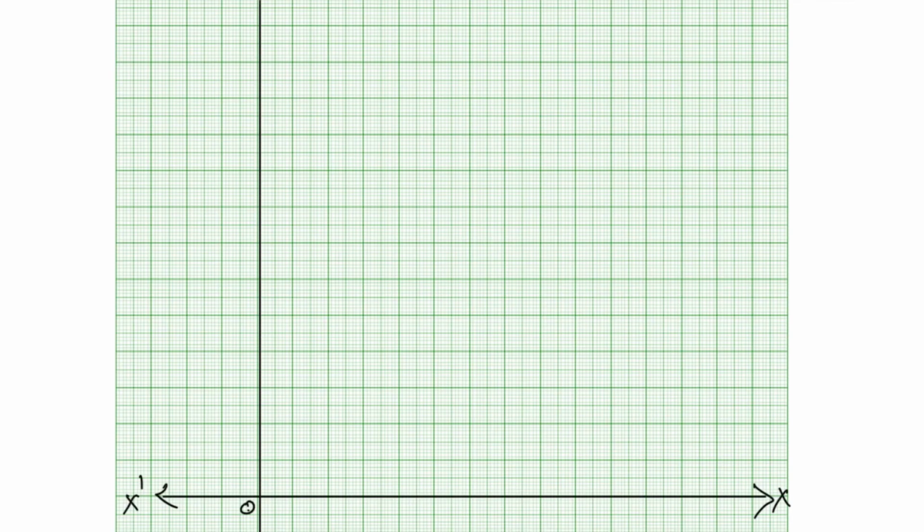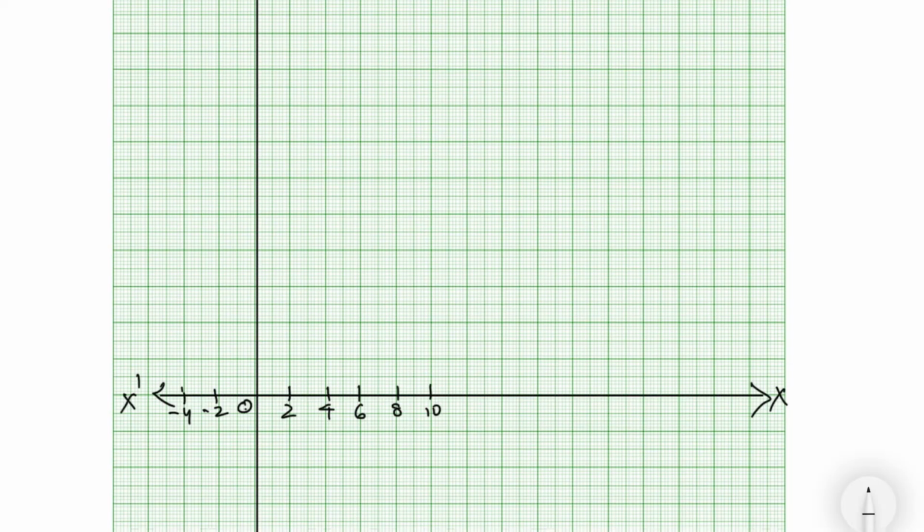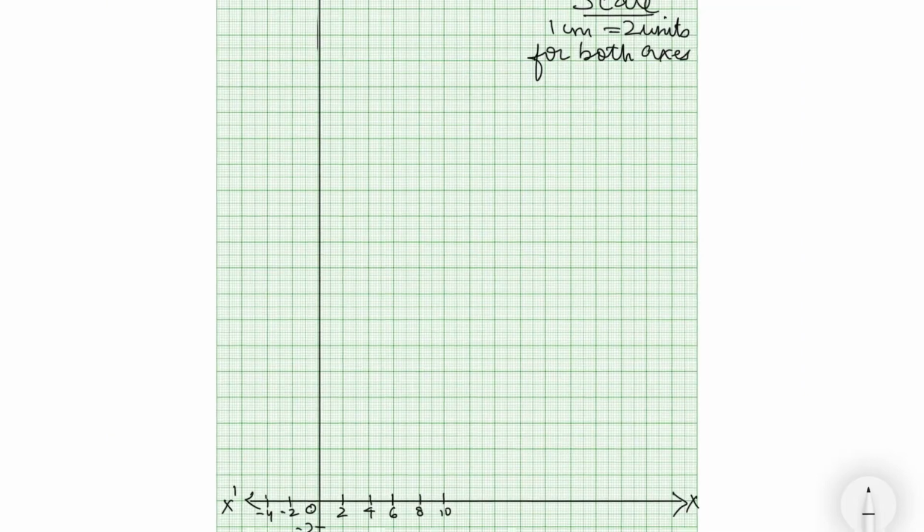Let's mark our coordinate axes. So 1 centimeter is equal to 2 units. This would be 2, this would be 4, 6, 8, 10 and so on. This side also minus 2, minus 4, and here I have minus 2, minus 4, minus 6.